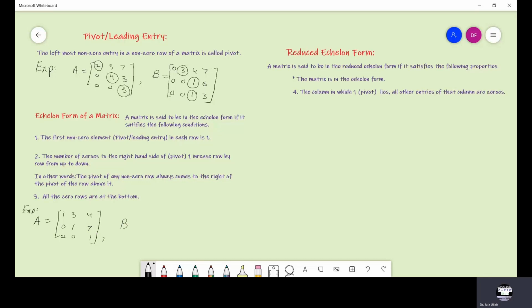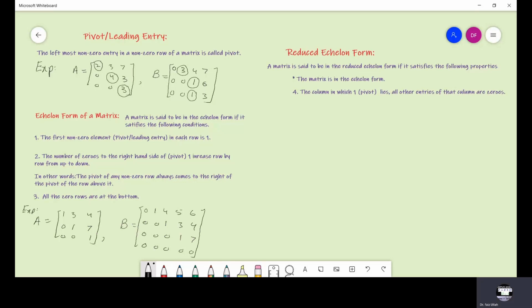In this example we have a matrix B and let us write its elements: 0, 1, 4, 5, 6, 0, 0, 1, 3, 4, 0, 0, 0, 1, 7, 0, 0, 0, 0, 0.